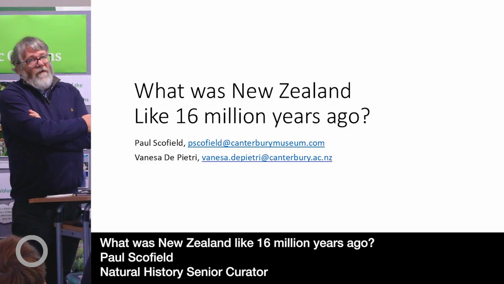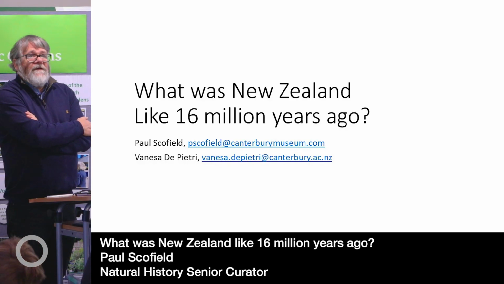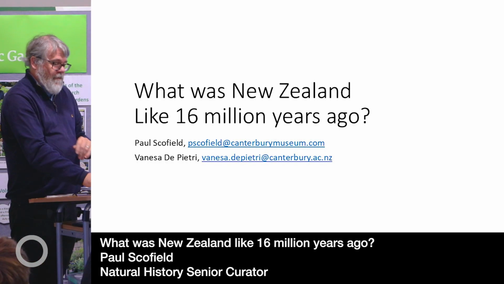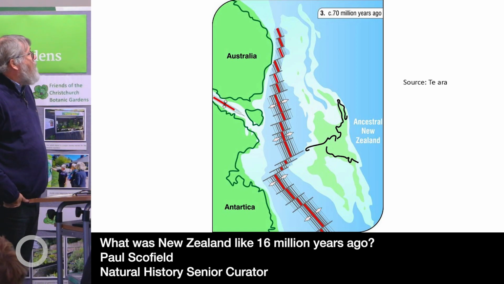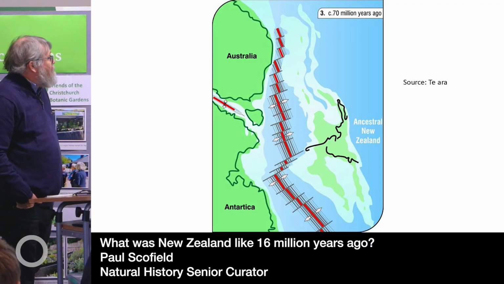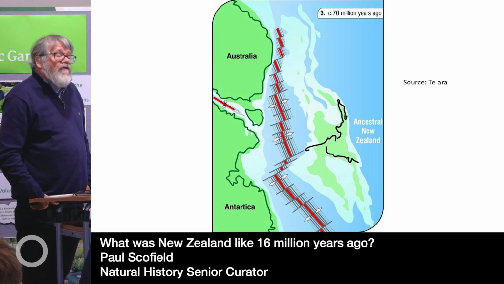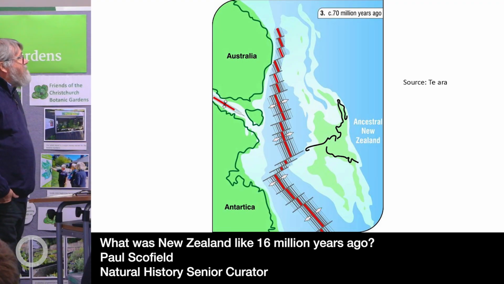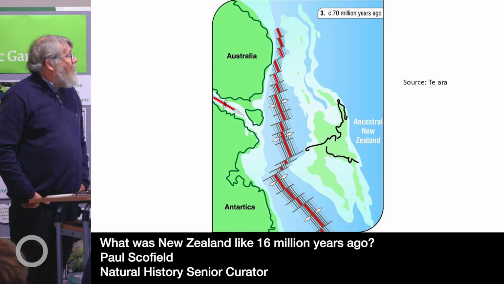But effectively what I'm talking about in general is what the New Zealand land, fauna and flora was like during this Miocene period. As I'm sure most of us are aware, New Zealand occupies a special position in the world because of the fact that we separated from the supercontinent of Gondwana between 60 or 70 million years ago and 50 million years ago.